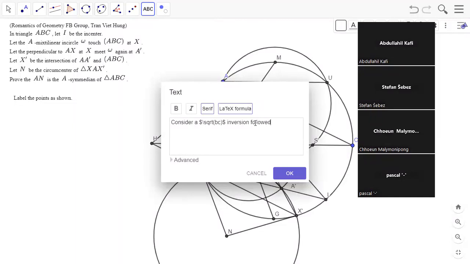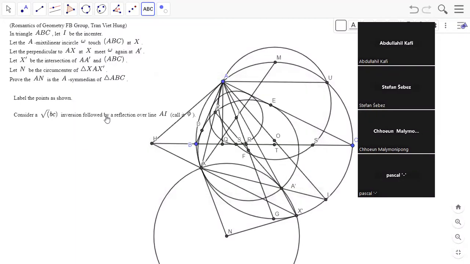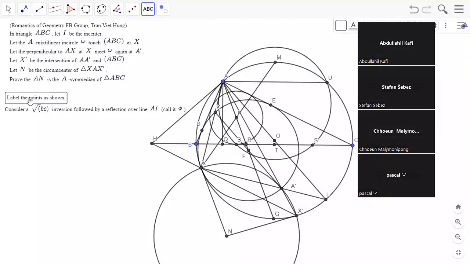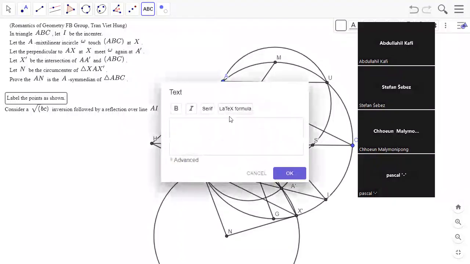Well, we want phi to be the composition of the two. So phi of H equals U.